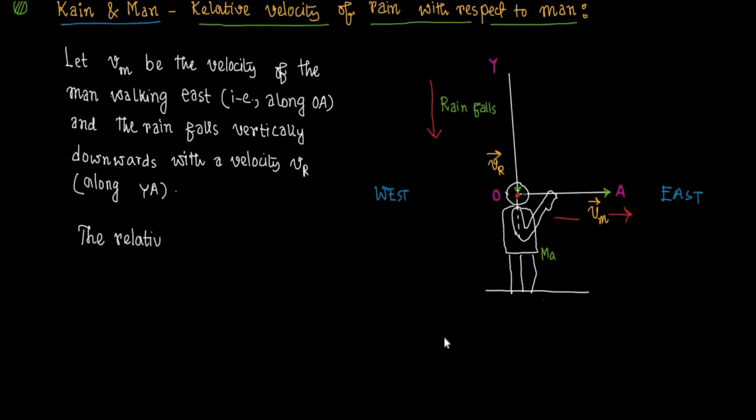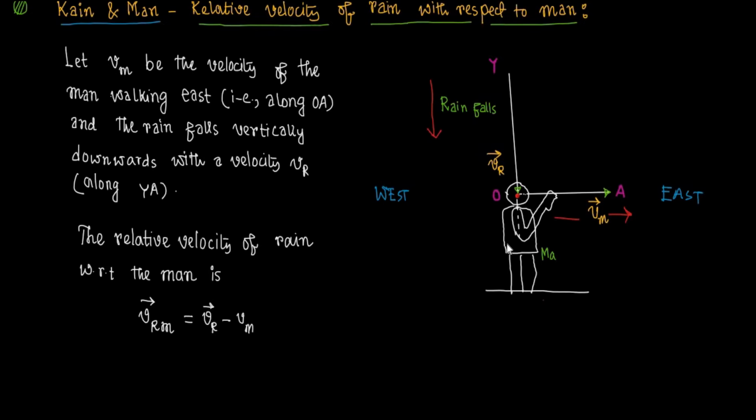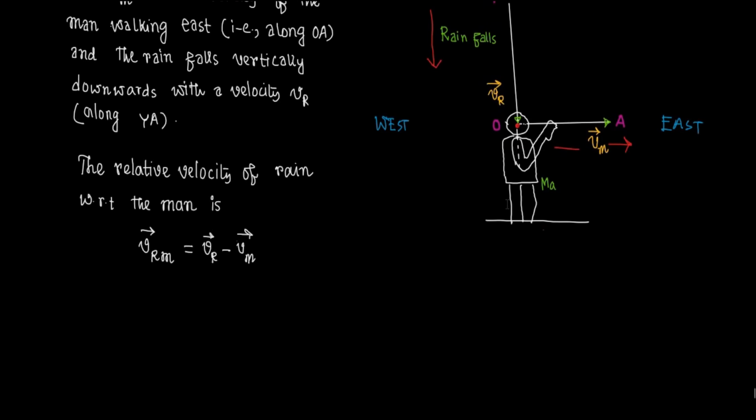The relative velocity of rain with respect to the man is vector Vrm equal to vector Vr minus vector Vm.